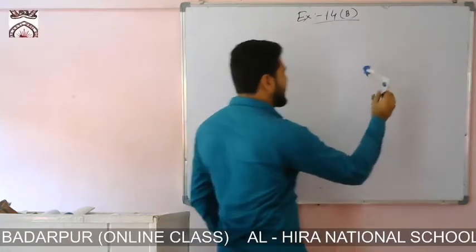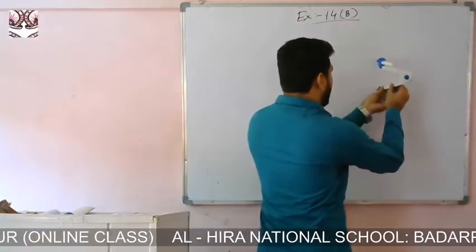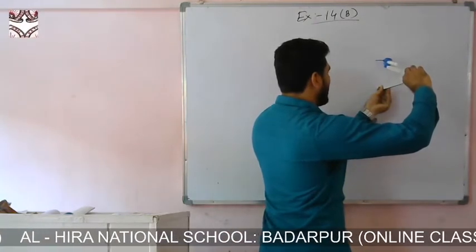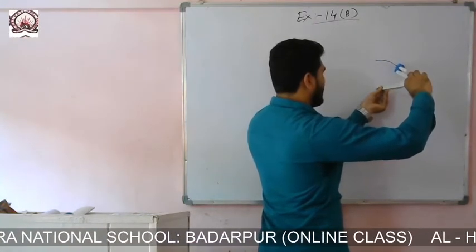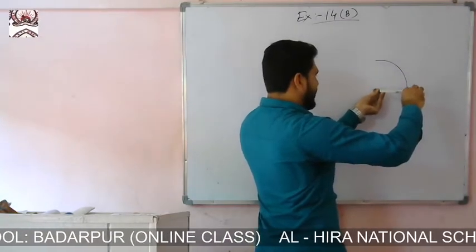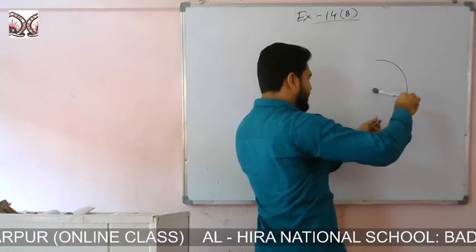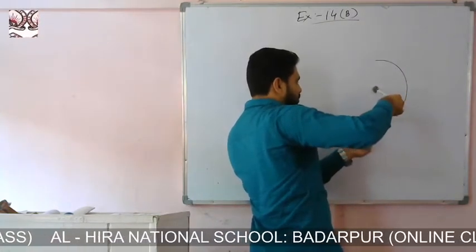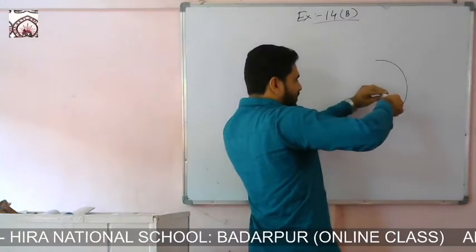You take the radius 3.5 in your compass and draw a circle. Actually I cannot draw accurately with this compass, I am just showing you the steps.